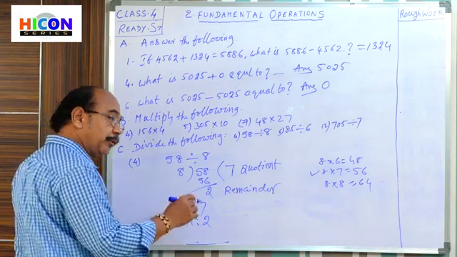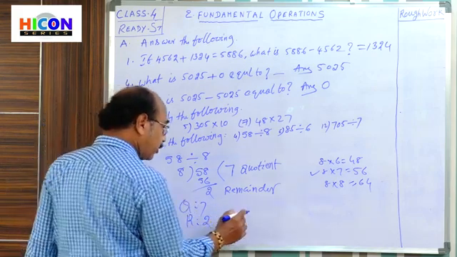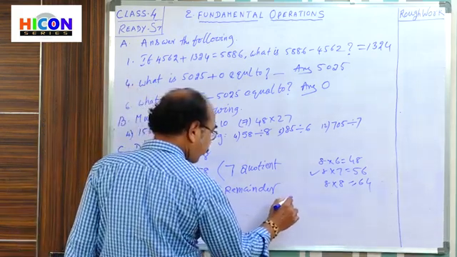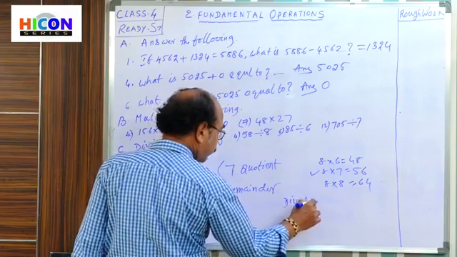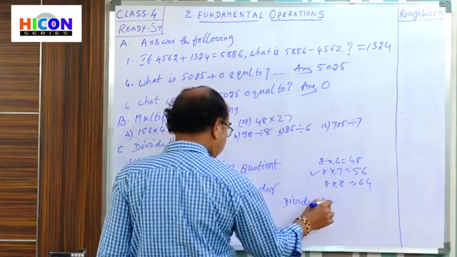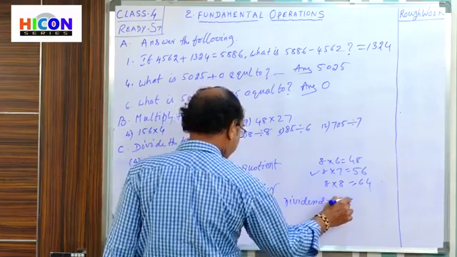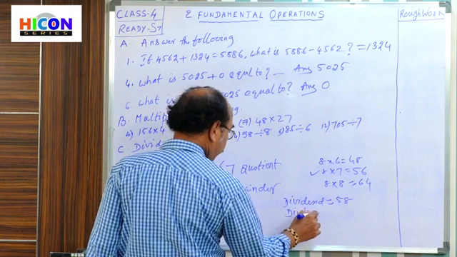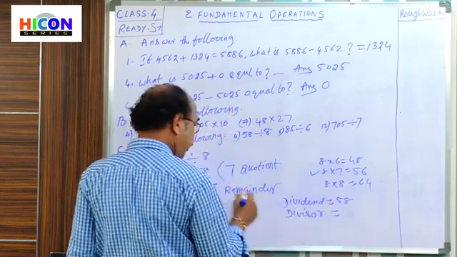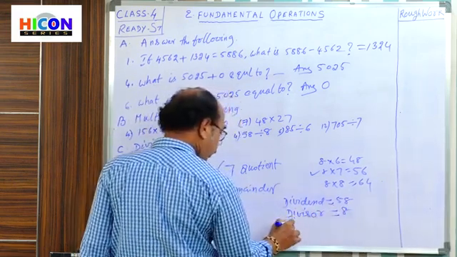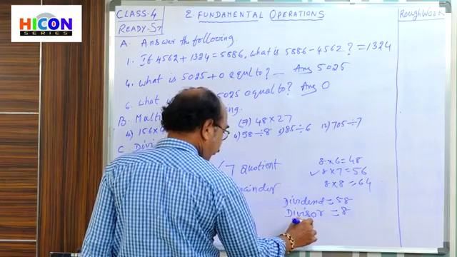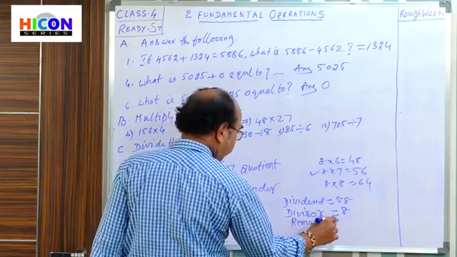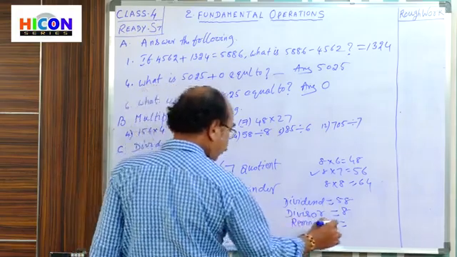They are giving the naming also here. Dividend is equal to 58. Divisor is equal to 8. Remainder is equal to 2.